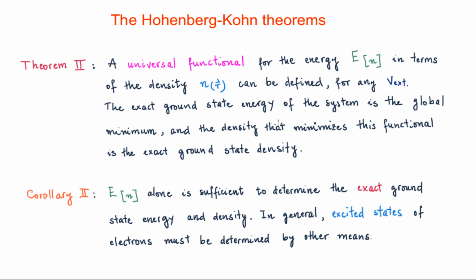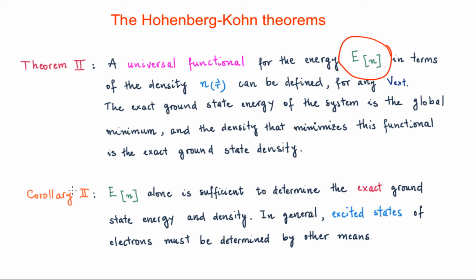The ground state energy of the system is the global minimum, and the density that minimizes this functional is the exact ground state density. That's the second theorem, which basically says that a functional of the energy in terms of the density can be defined, and its minimum is going to specify the ground state energy and the ground state density.